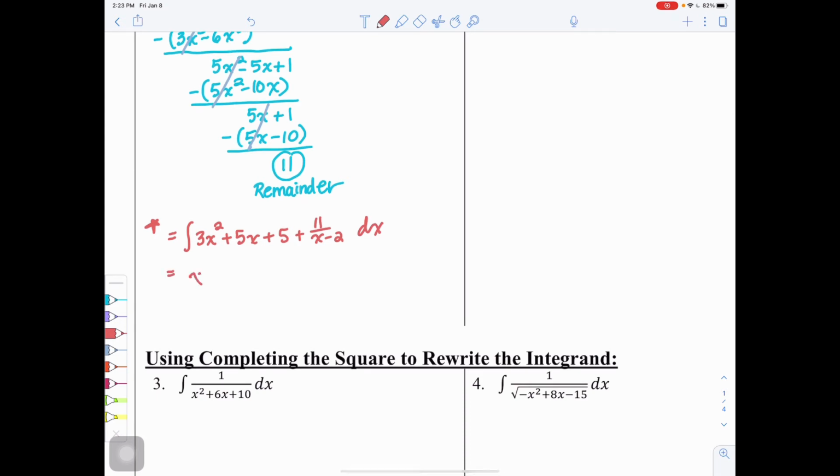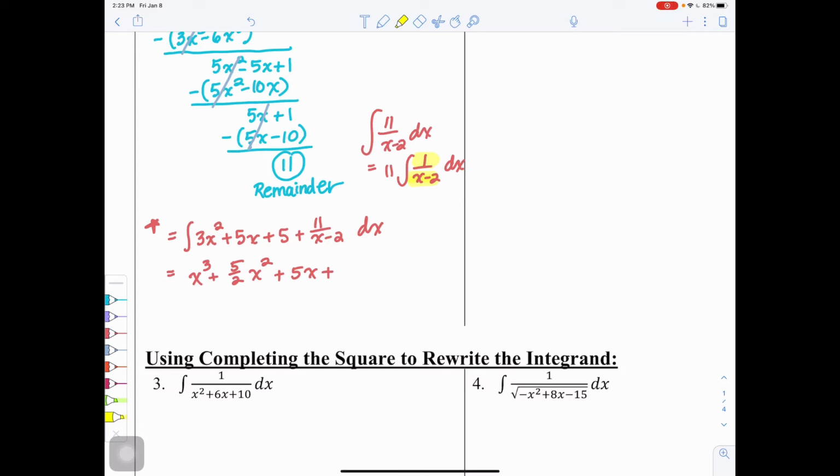So that's equal to x cubed plus 5 halves x squared plus 5x plus, I want you to think about this, the integral of 11 over x minus 2 dx is equal to 11 times the integral of 1 over x minus 2 dx. The derivative of the denominator is sitting in the numerator.